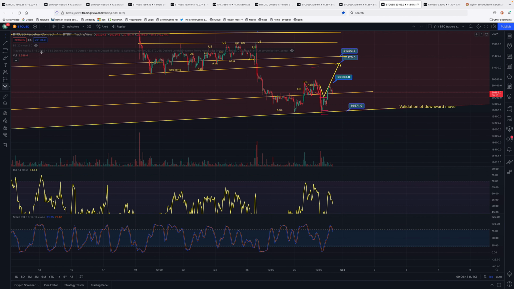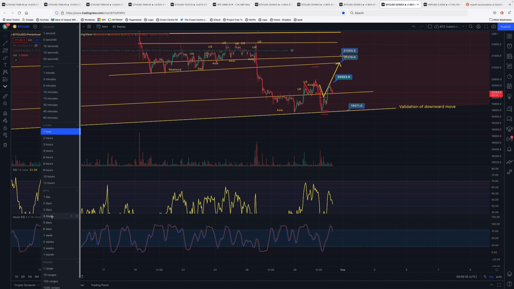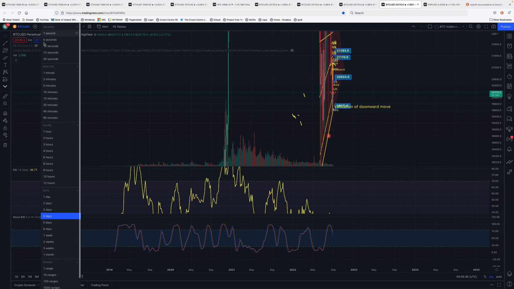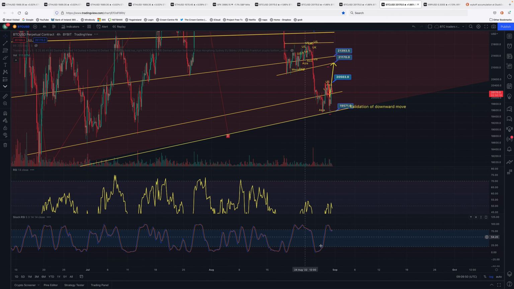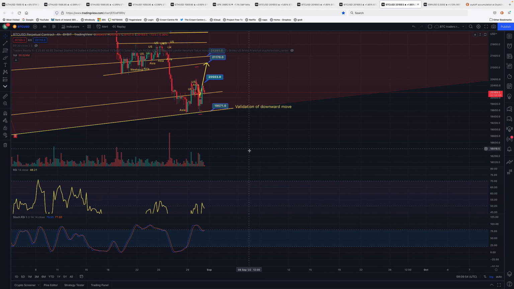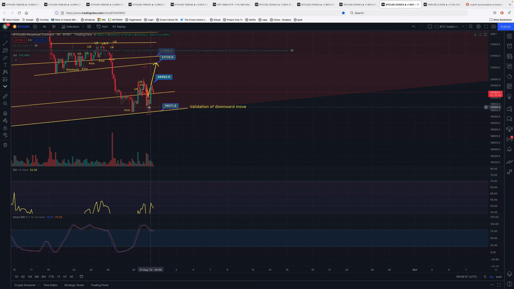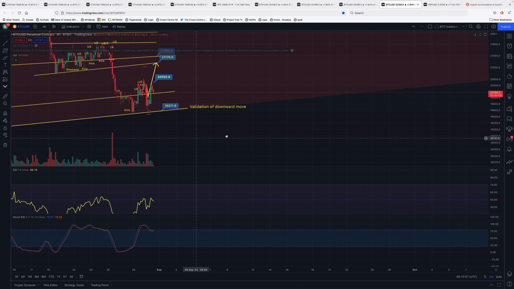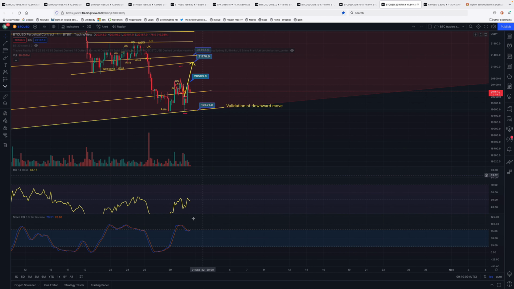What did I want to say about Bitcoin? The 4 hour stochastic has crossed upwards. I did a long from here to about here, and I took my profit because I didn't like the way the 4 hour stochastic was heading down, and sometimes that has a tendency to push down.